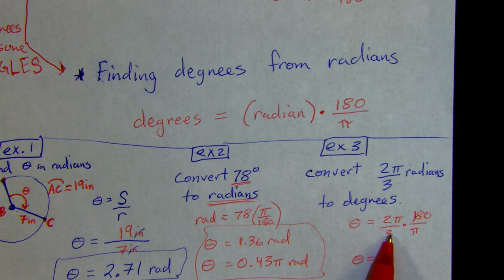Dave, double check your work. Remember, it was 2/3. This is 180. Pi's are going to cancel, but how do the other parts come in? All right, everybody give me their measure in degrees in the chat. What are we going to get?